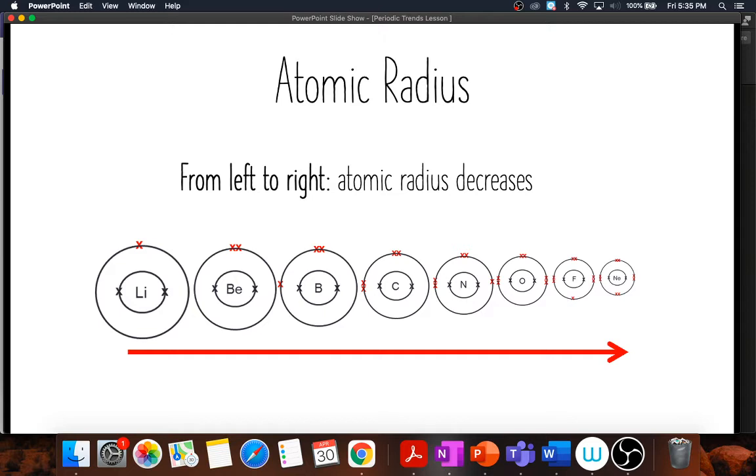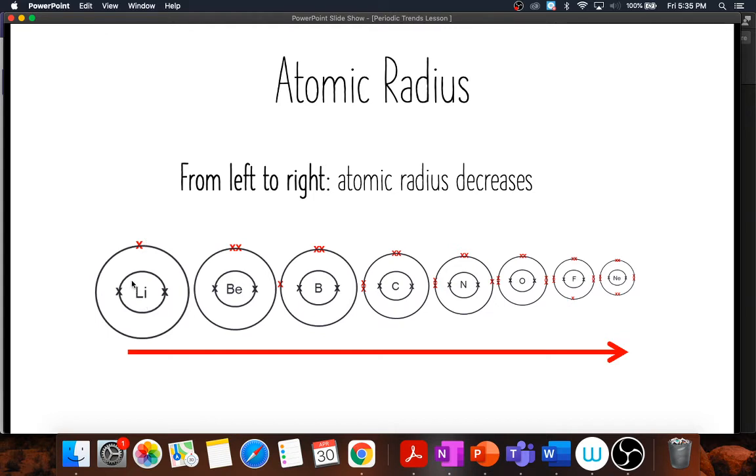And let's go back to effective nuclear charge and see if we can explain this. So as you go from left to right on the periodic table, let's take a look at what stays the same. What stays the same is the number of shells between the outermost shell and the nucleus, right? So if that stays the same, what stays the same is the shielding that those electrons are doing between the valence electron and the nucleus, right?